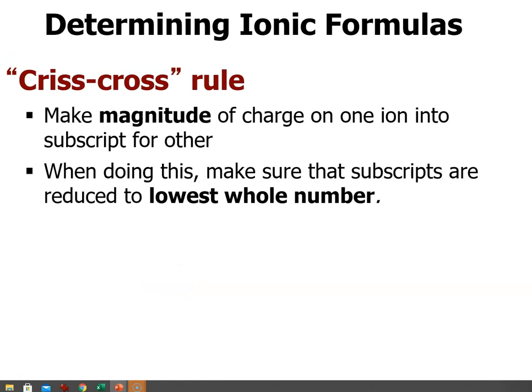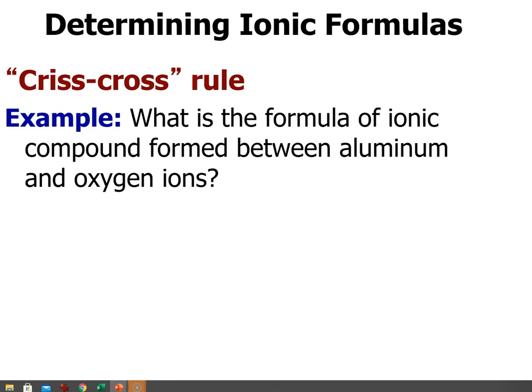One thing I want to talk to you about is this idea of the crisscross rule. It takes into consideration the magnitude of the charge. That means what the charge value is. Is it a +1, a +2, +3, etc.? We want to make sure the subscripts are reduced to the lowest number, but the crisscross rule helps us understand how we can get these things to come together. Let's look at an example.